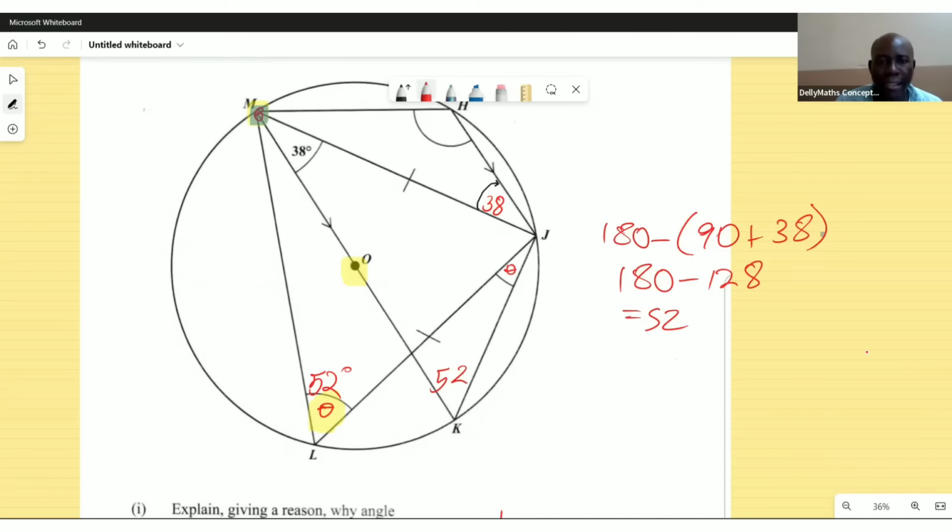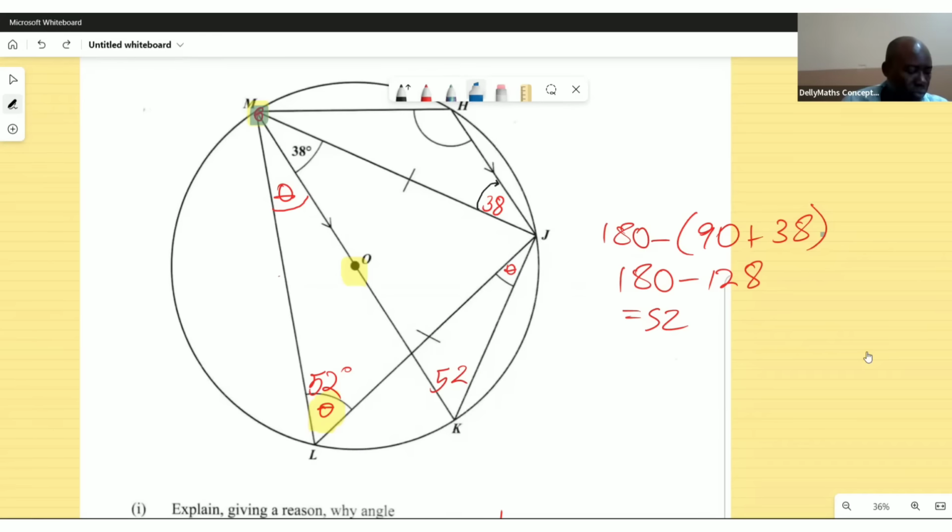But if I get this angle here, I automatically get the angle I want because they are in the same segment again. If I get this angle, it is this angle. So how can we get that angle there?